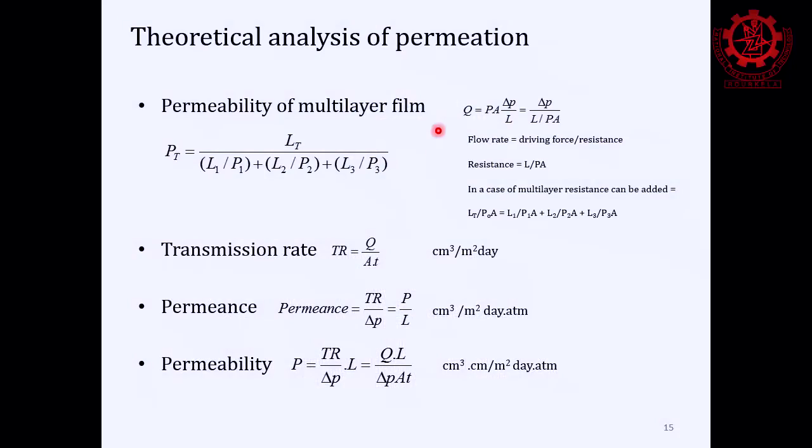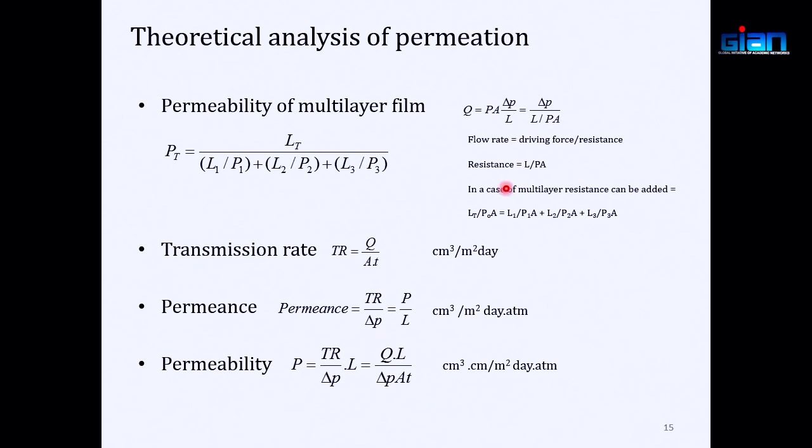I'm sure this series resistance, you would have studied that concept from electrical circuits. So if you take this equation, Q is equal to PA delta P over L, you can rearrange it as delta P over L over PA. And delta P is the driving force, and this is the resistance.